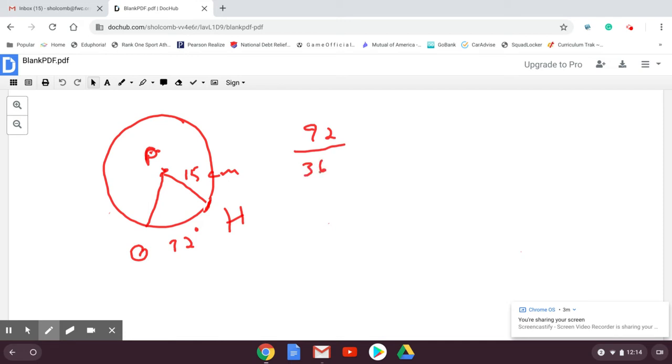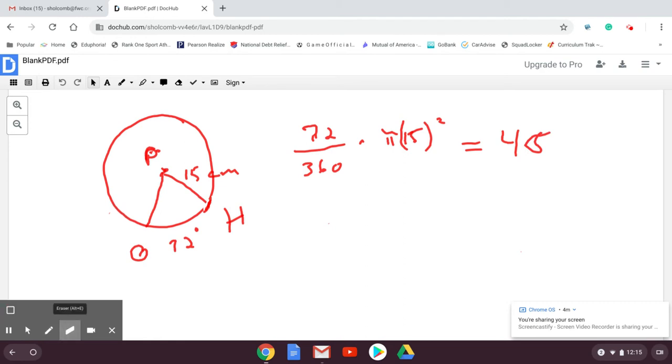All right, so what we're going to do to take the area of the sector is take 72 degrees over 360. I'll erase that because it looked like a 9 when I actually did it. 72 degrees divided by 360 times the overall area of the circle, which is pi r squared, which is pi times 15 squared, or 225 pi. Well, if we take our calculator and do 72 divided by 360, you get 0.2, or it could be simplified to 1/5 as a fraction. 0.2 times 225 is 45 pi.